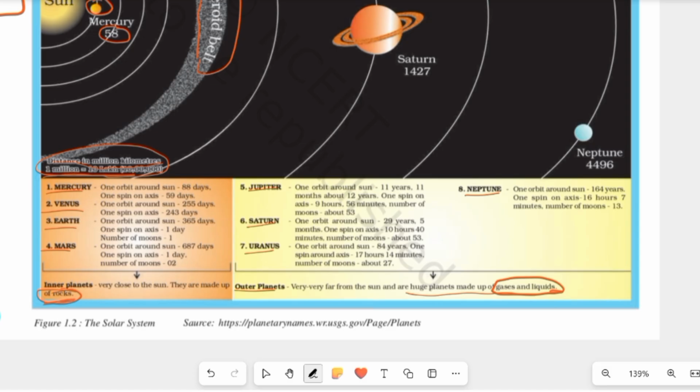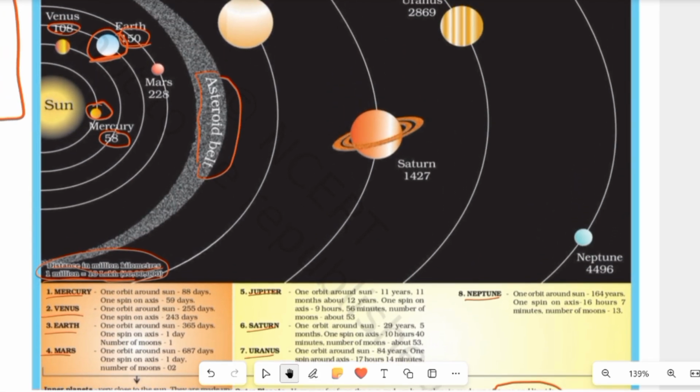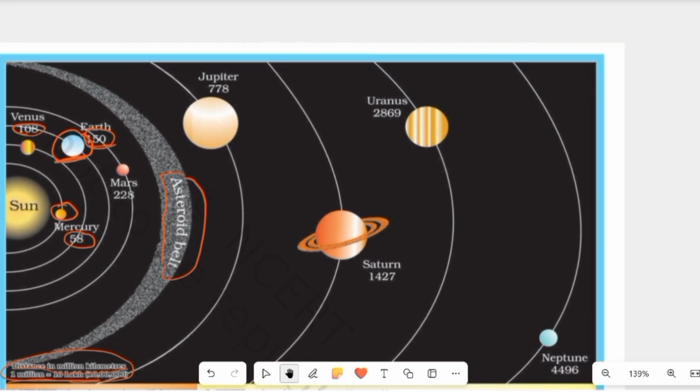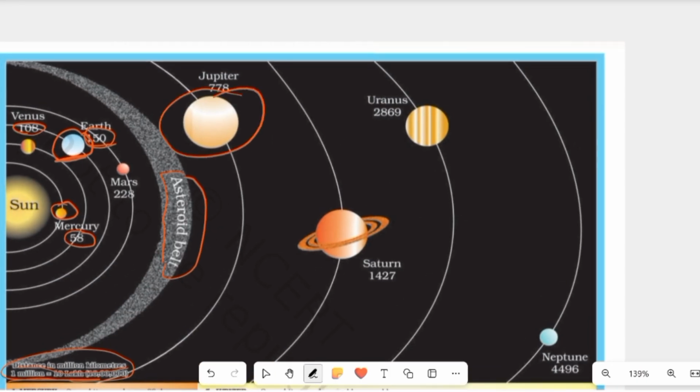They are made up of huge amounts of gases and liquid, and hence they are bigger in size. Jupiter is the largest planet of the solar system, and it is made up of gases and liquid. But Earth, Mars, Mercury, Venus are all made up of rocks.